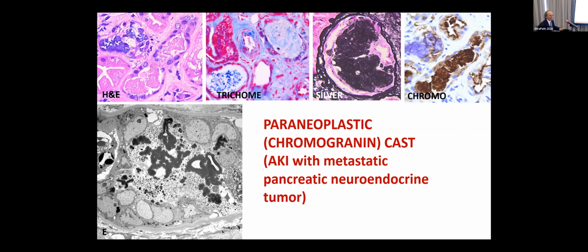Most of the time, it represents chromogranin A because this type of cast is more frequently seen in metastatic neuroendocrine tumor, and that is the example for you. So that is the cast here. That is trichrome stain. That is silver stain. That is the immunostain for chromogranin. And that is the typical electron microscopic feature of that.